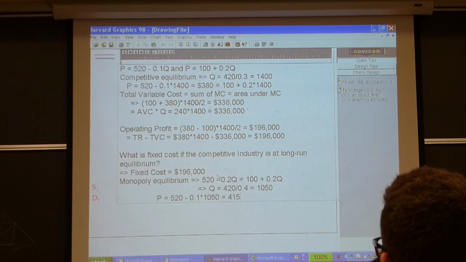Right, everybody? So notice, this monopolist reduced output and pushed up the price. Let's just check out their total revenue. Total revenue equals 415 times 1,050, which is equal to what?